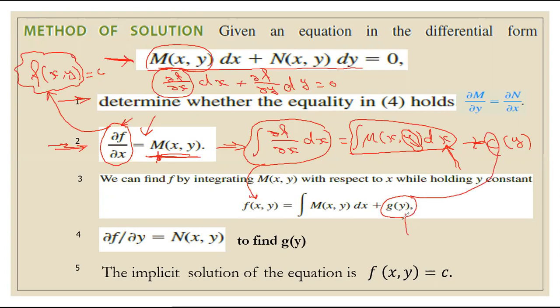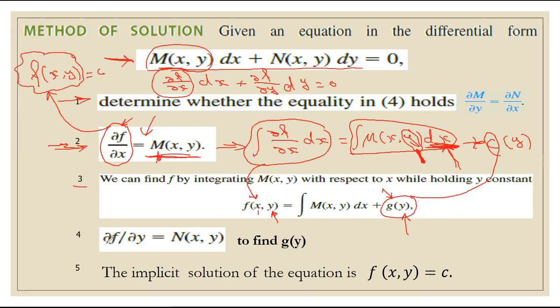I choose my constant to be a function with respect to y because my unknown function has two variables, x and y. So I integrated with respect to x, and I consider my y as a constant. So the constant of integration must be a function with respect to y. So this is the third step.